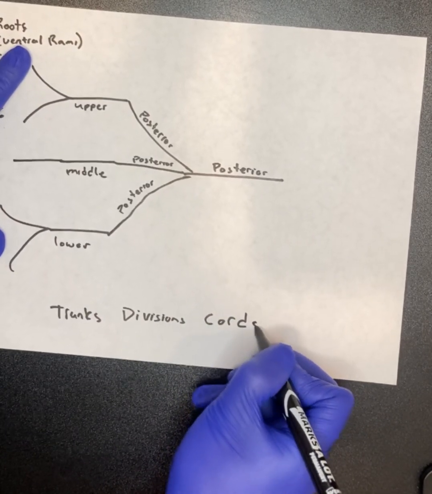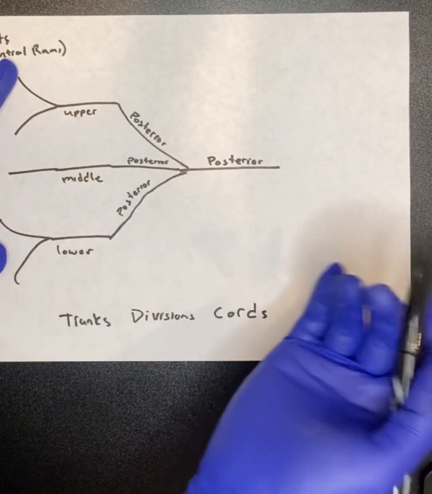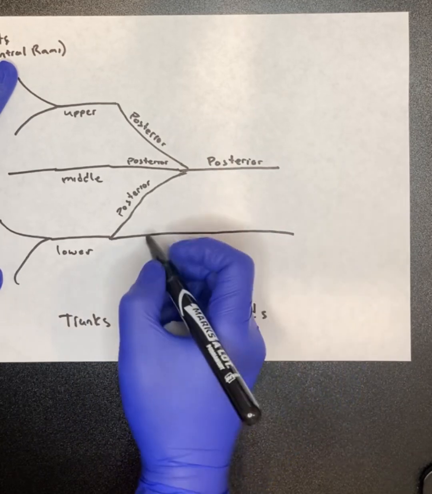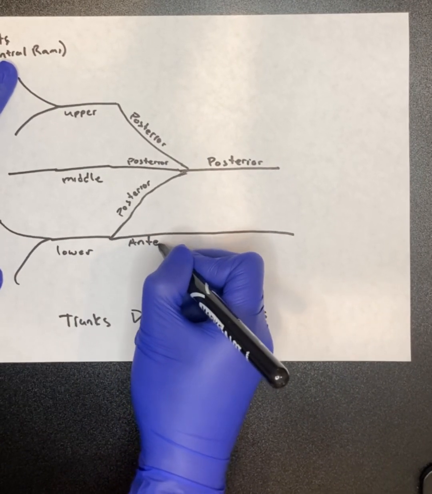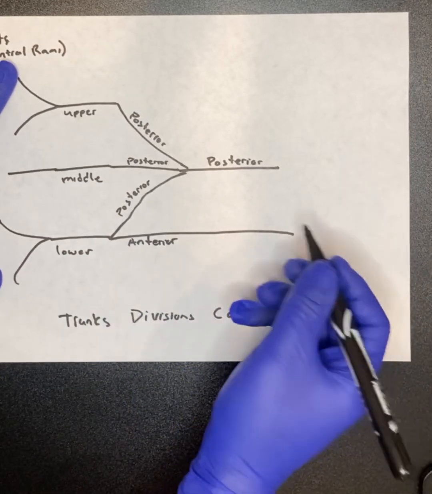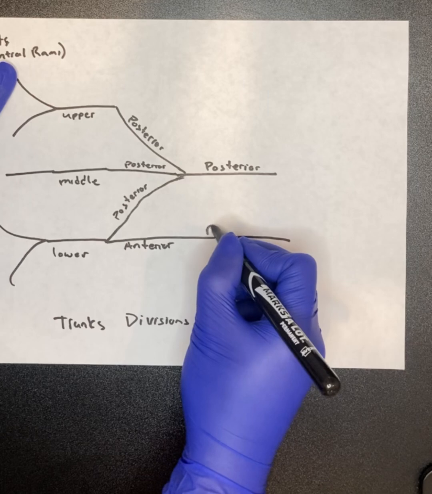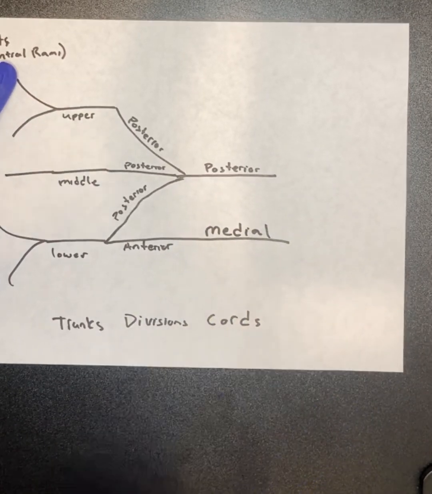So here we have the cords. From the lower, we will have the anterior division, which will essentially form the medial cord of the brachial plexus.